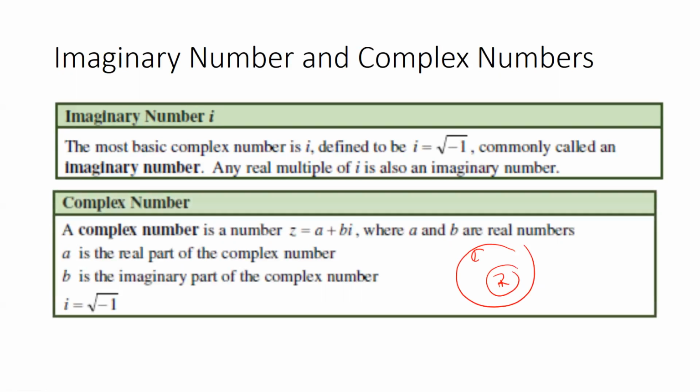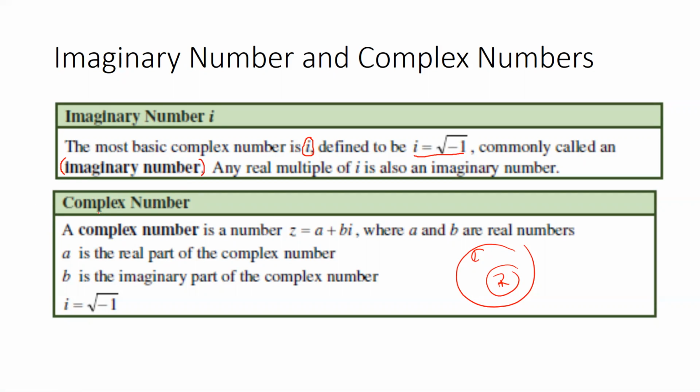The most basic complex number is i, and that is defined to be the square root of -1. This is commonly called an imaginary number. Don't think of imaginary number as made up. It's not made up.